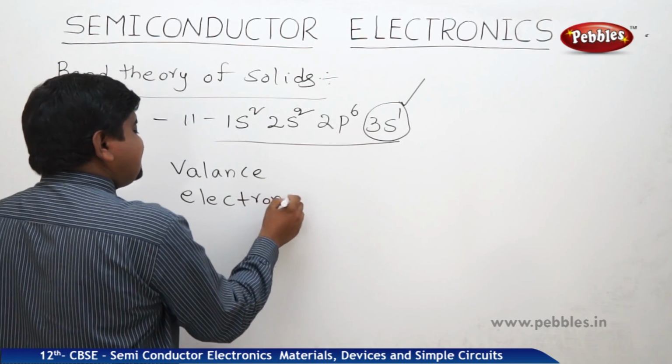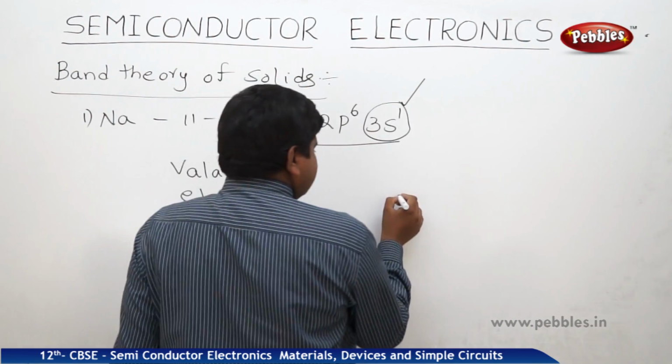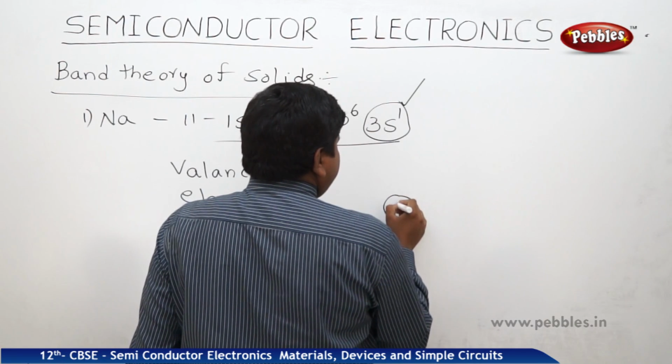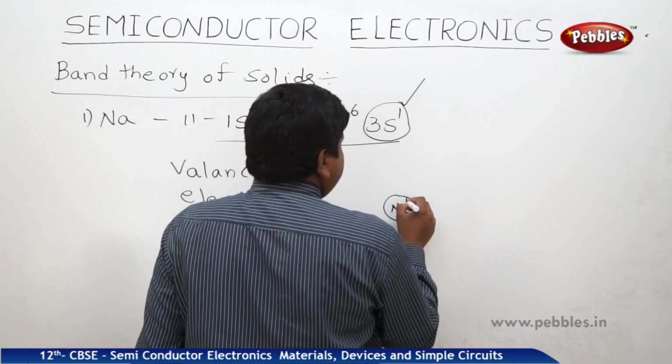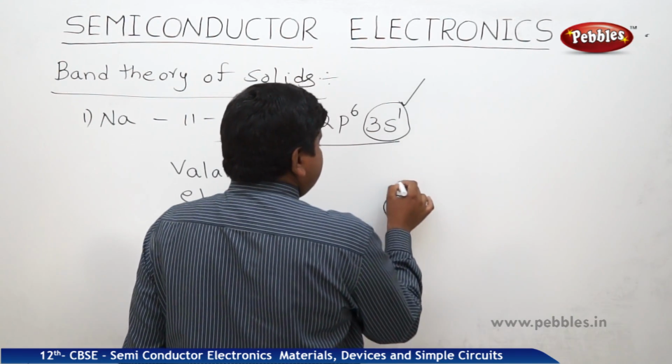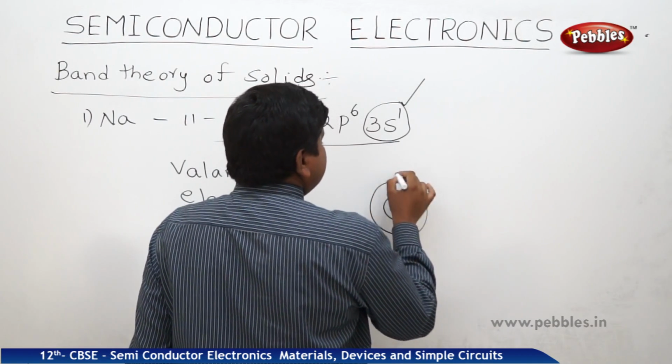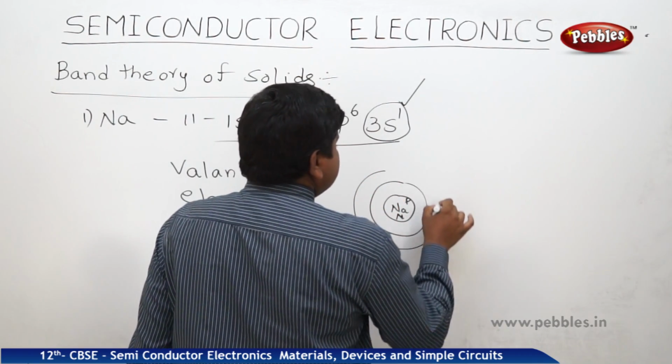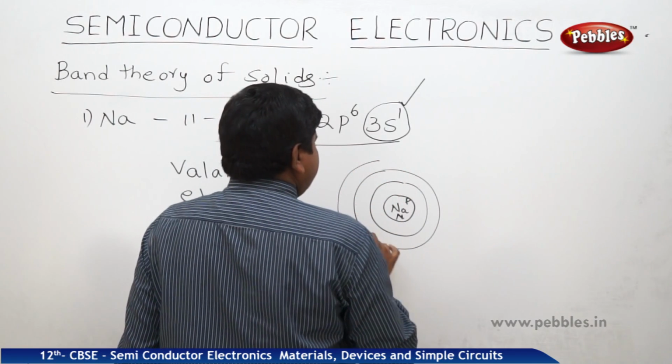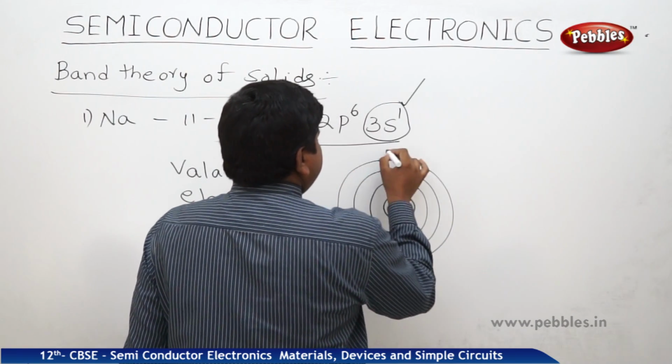If you want to see the structure, it will be like this. The nucleus of sodium contains protons and neutrons, then 1s, 2s, 2p, 3s.